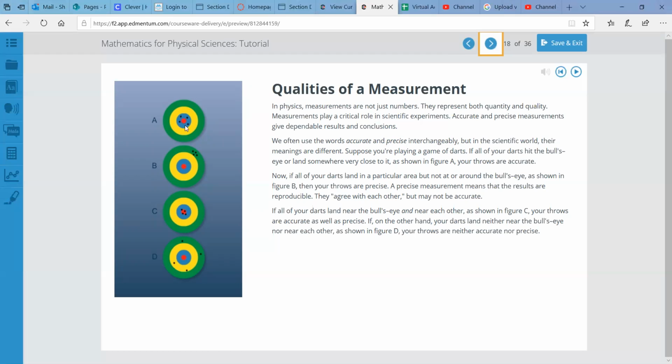So A, pretend this is a dartboard or a gun target, I guess. If all of your shots land here, that means you're very accurate, okay? You're trying to shoot this and your shots are pretty close.